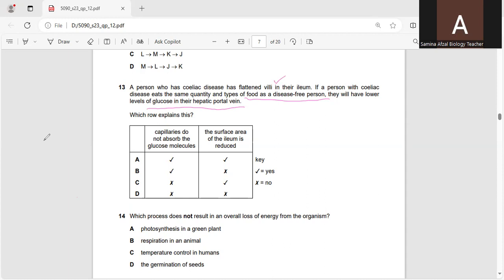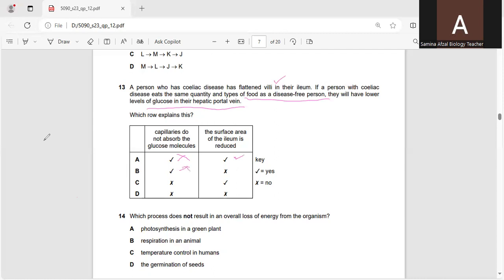So here capillaries do not absorb the glucose molecules. The surface area of the ileum is reduced. Reduced, yes.